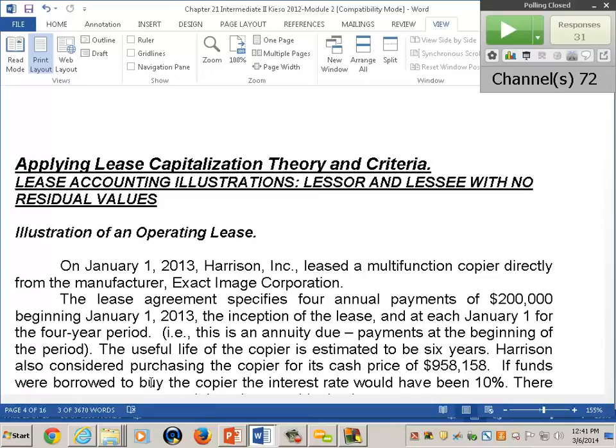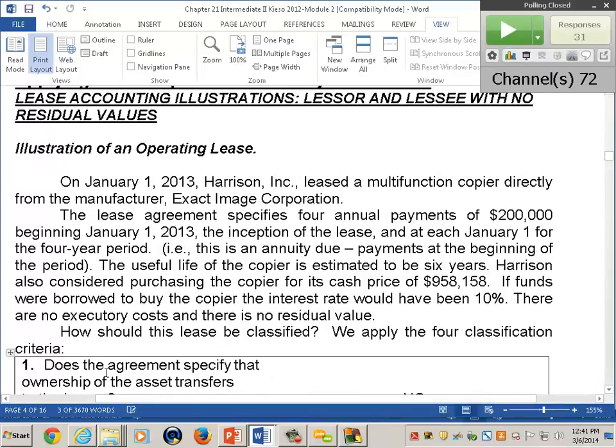Now, there's no residual value also. Residual value is 0. And I want to know what type of lease this is.